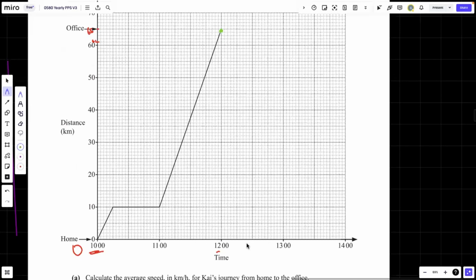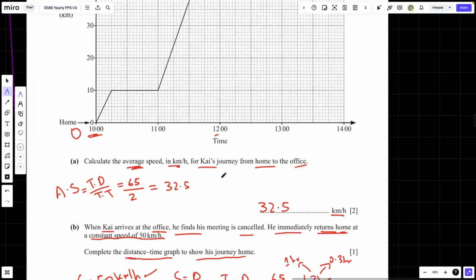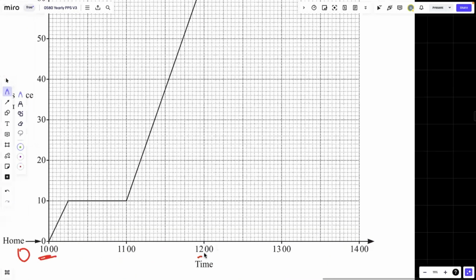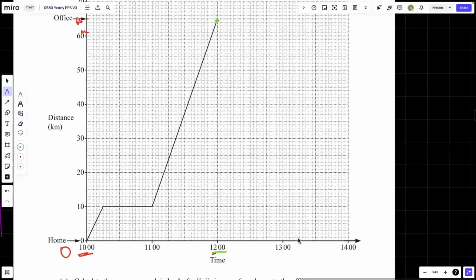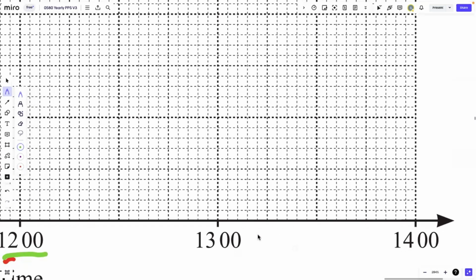What we calculated is that it takes 1 hour and 18 minutes from the time that he leaves office. So assuming he leaves at 12, 1 hour 18 minutes would be 1:18 p.m. or 13:18. So for that, we need to understand the scale here.